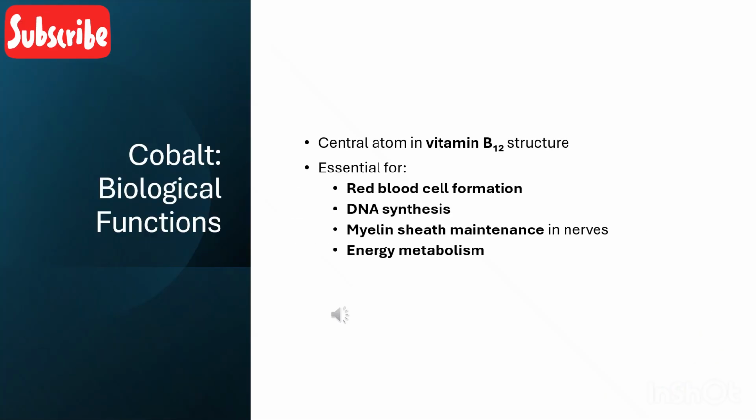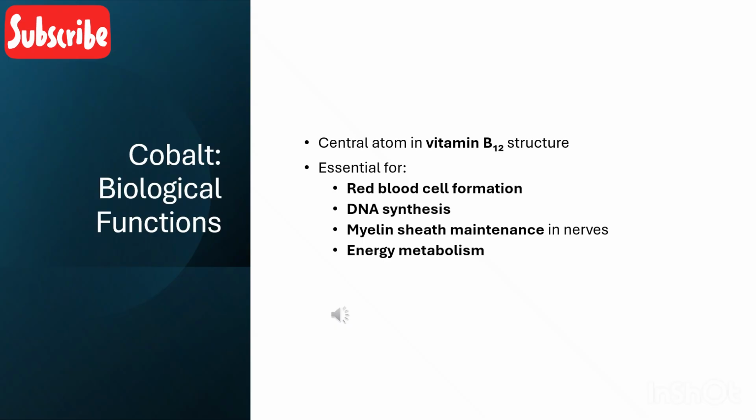As we all know, cobalt is the central atom in vitamin B12. It plays a key role in several enzymatic reactions. It helps in the formation of red blood cells, the synthesis of DNA, and the maintenance of myelin sheaths that protect the nerve fibers.